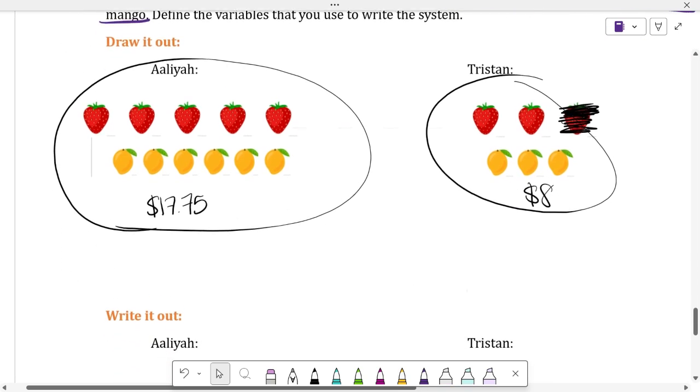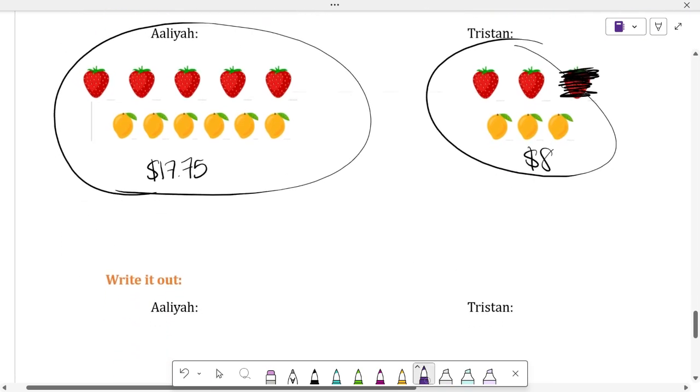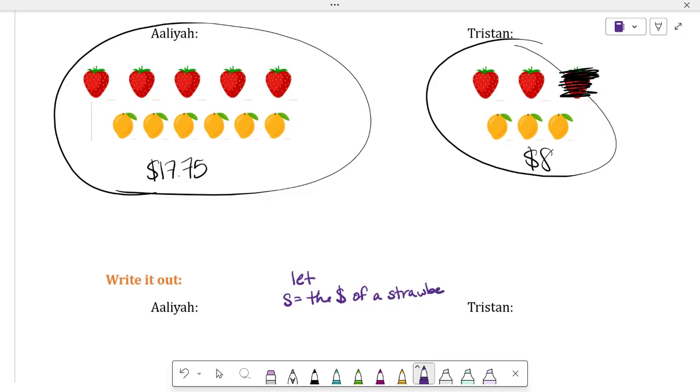Let's write our equations. First, we need to say what the letters mean. I'll use S and M for this. Let S be the price, because that's what we're trying to find out, the price of a strawberry. And M be the price of a mango.